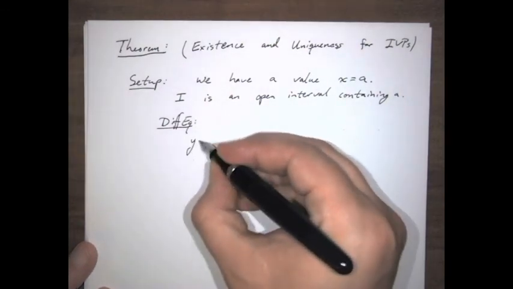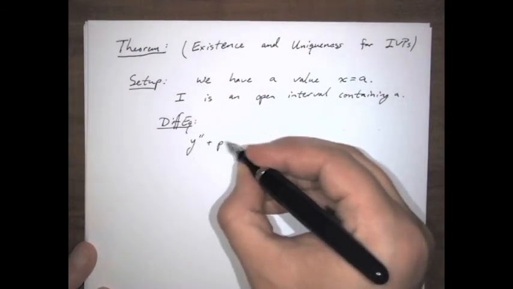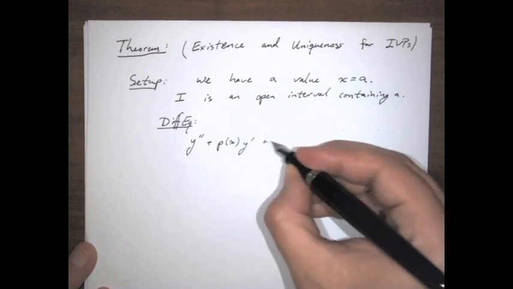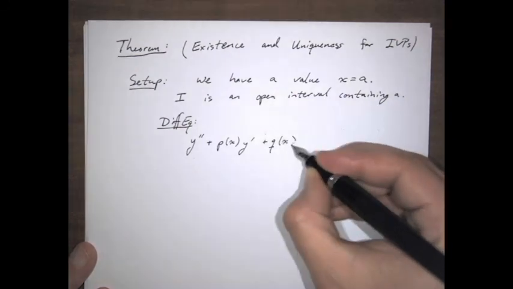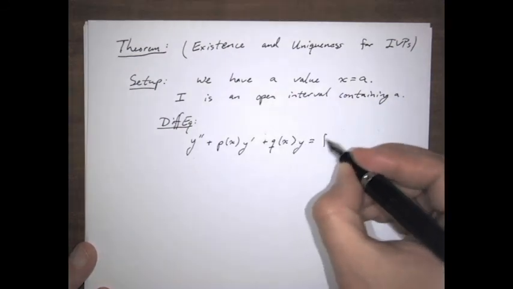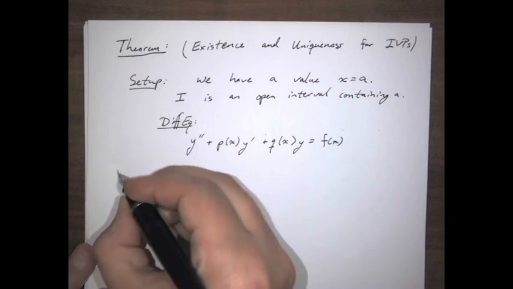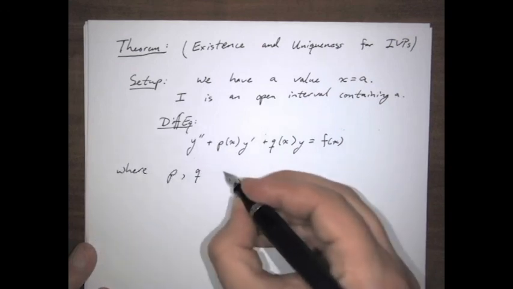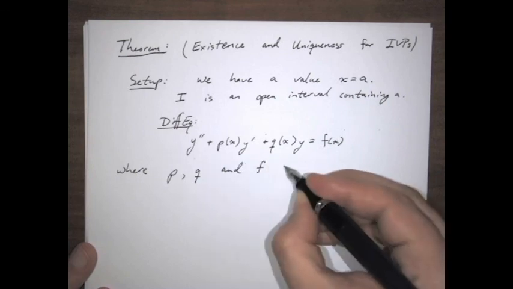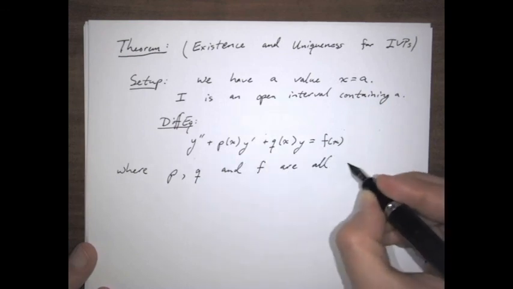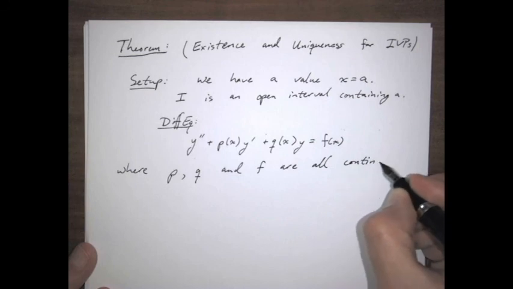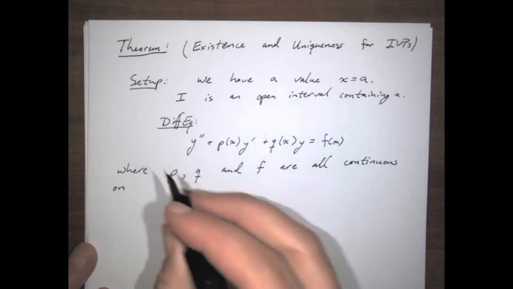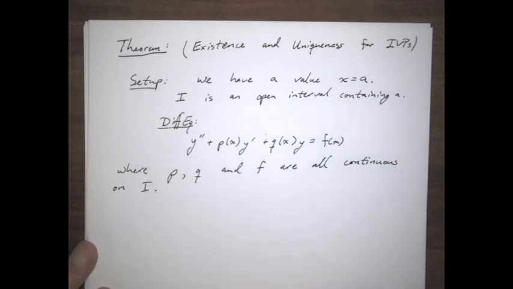So diffie-q y double prime plus p of x times y prime plus q of x times y is equal to f of x, where p, q, and f are all continuous on the interval I.